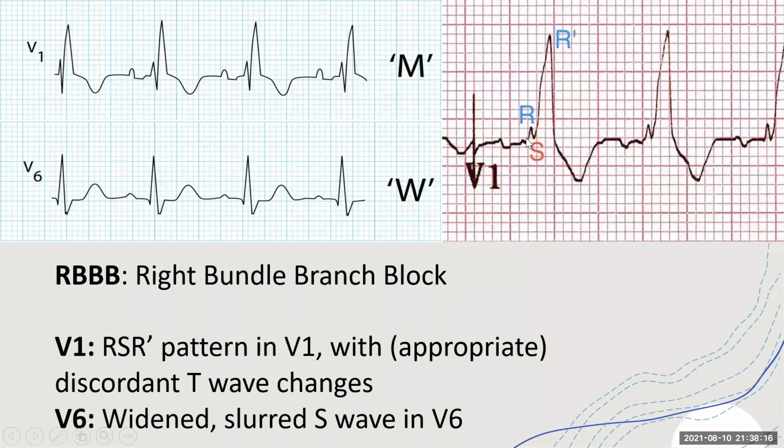Because of this RSR pattern, can you imagine what alphabet is forming here? See, it's going up and down and then up and down. It's M-shaped. So you can appreciate this M-shaped appearance in V1 because of the RSR pattern, and you can appreciate this W pattern in V6. See the W pattern.